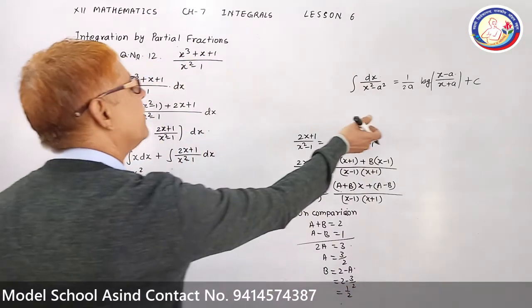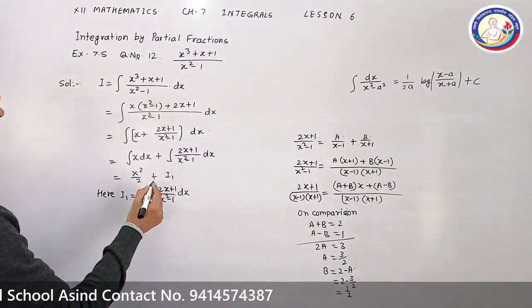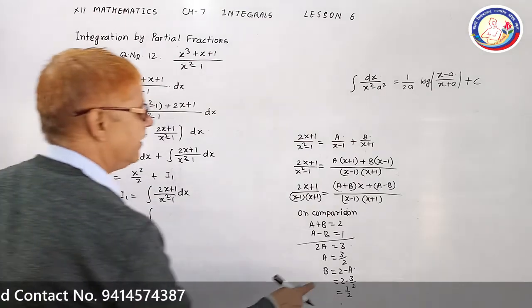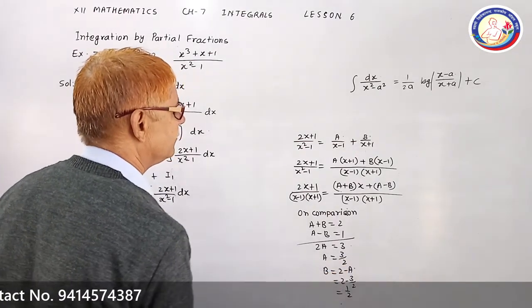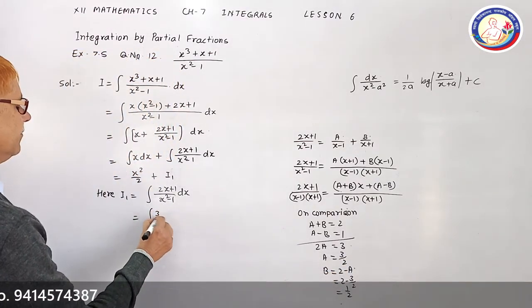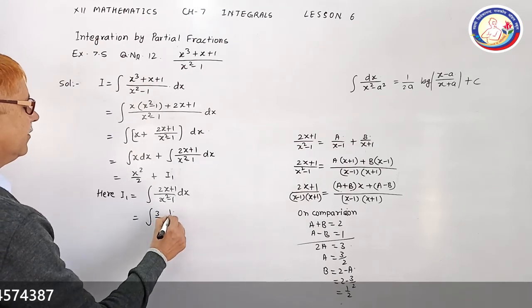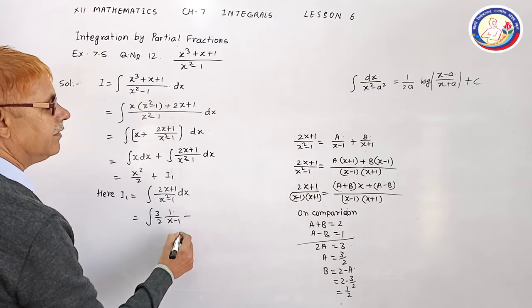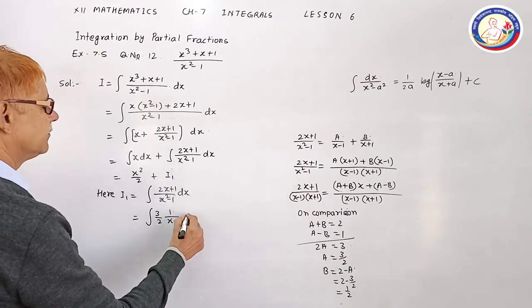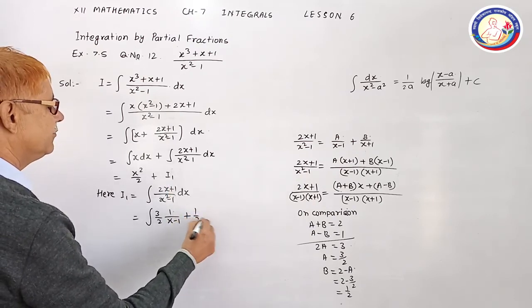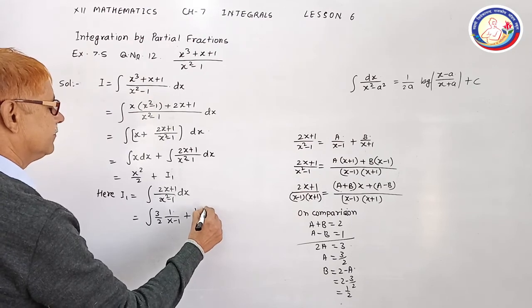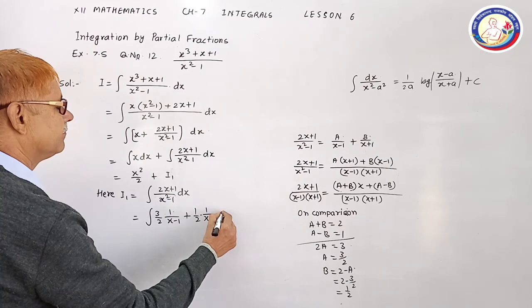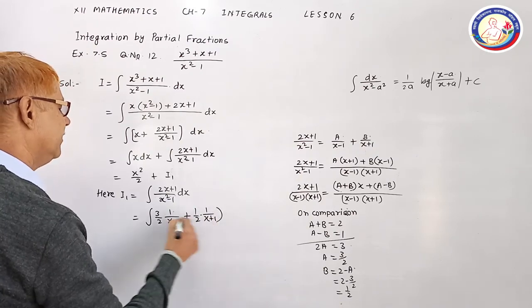So put the values of a and b here. We will get here, as a is 3 by 2, 3 by 2 into 1 upon x minus 1 and then plus 1 by 2 into 1 upon x plus 1 dx.